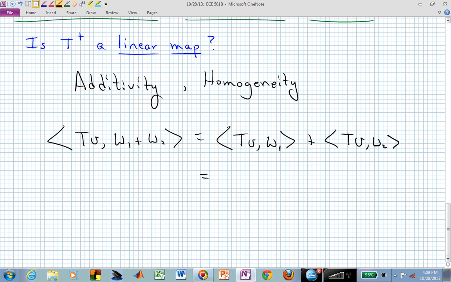And now this looks like something that we can apply the adjoint definition to. We're used to having just two vectors inside, a first slot and a second slot quantity in the inner product. Now, by definition of the adjoint, what's this first one going to be equal to?